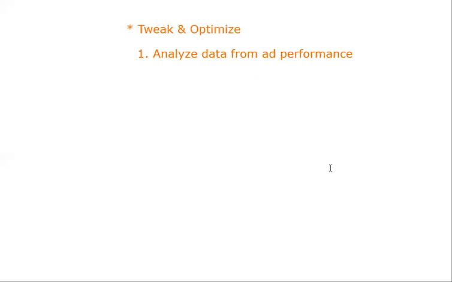We use software that allows you to see who's clicking, how many clicks each ad gets, and how many sales they actually get. This is actually where the pixels come in.